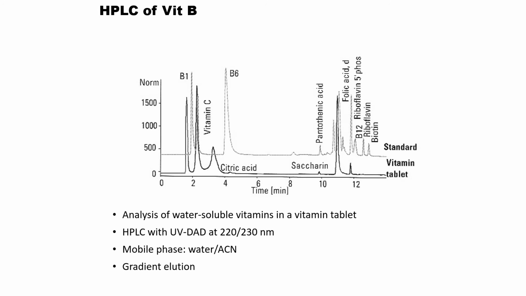So these are the chromatograms of the analysis of water soluble vitamins in vitamin tablets. Example of chromatogram, class. So the standard peak is here, and this is the tablet form. So basically we are doing the water soluble vitamin B. So class, vitamin B and vitamin C, the tablets do have certain types of vitamin, which tally with the standard.